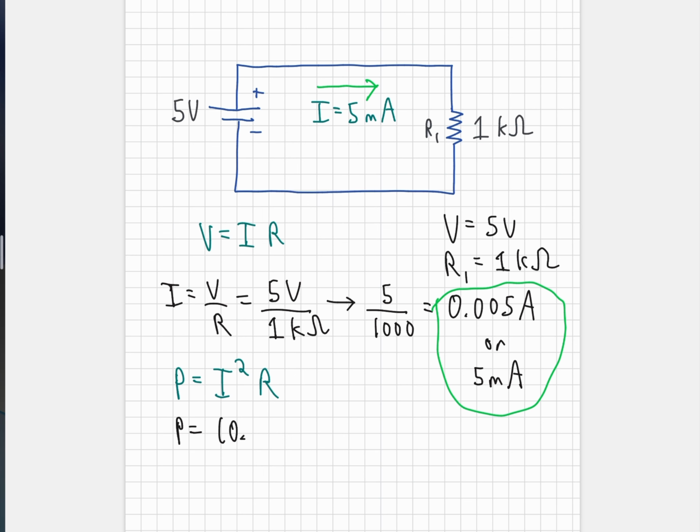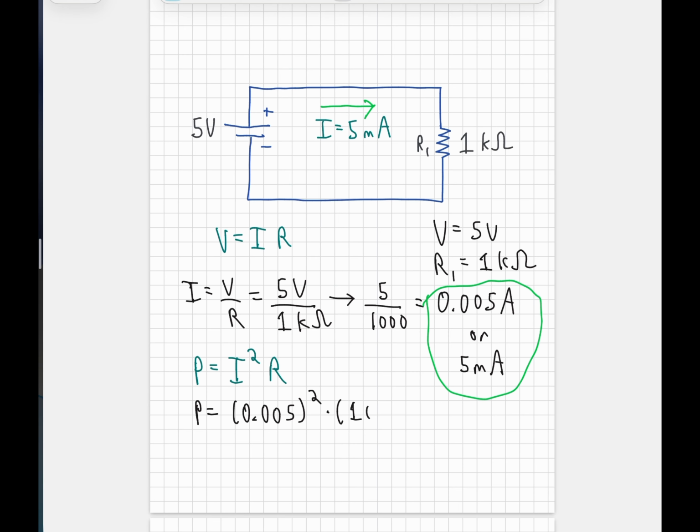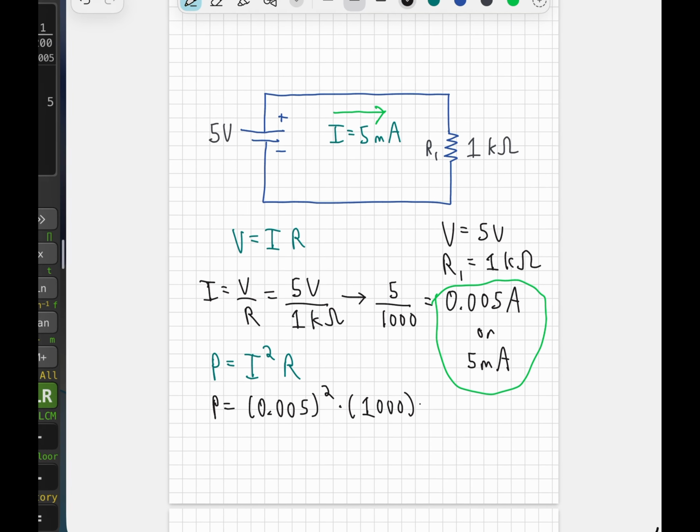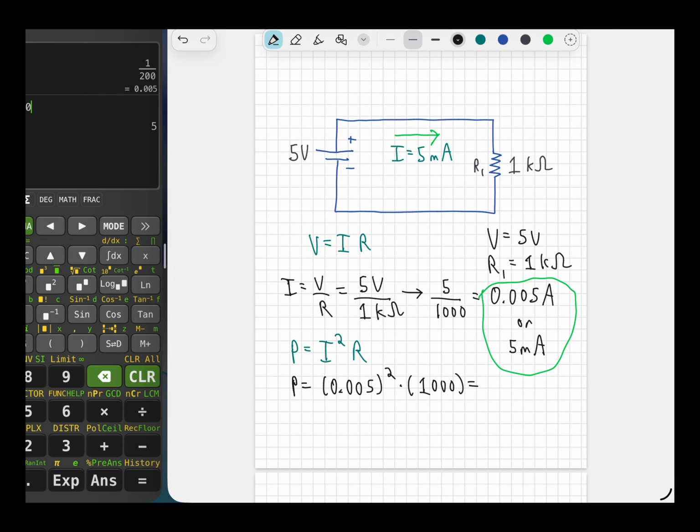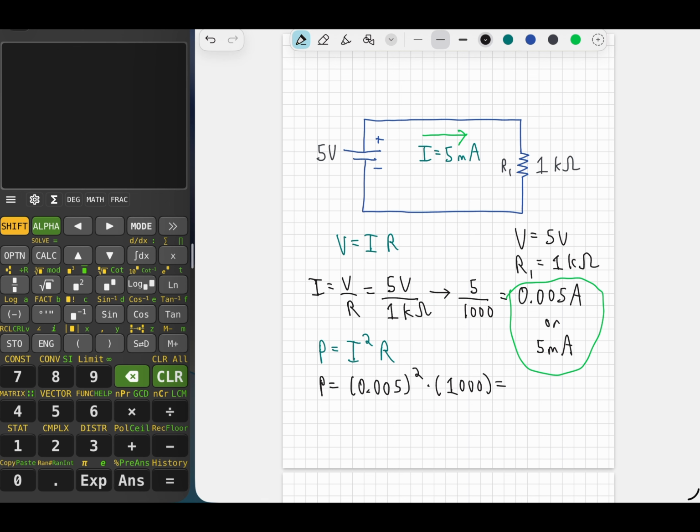So 0.005 squared times 1,000. Let's see what that gives us.